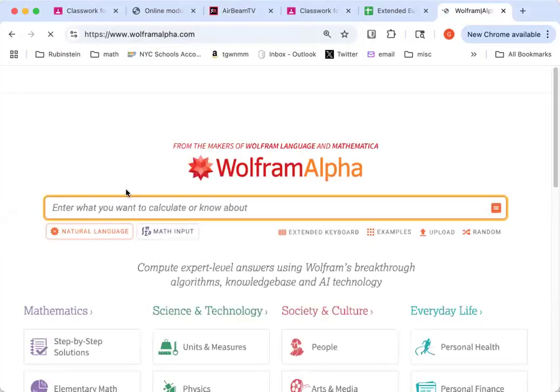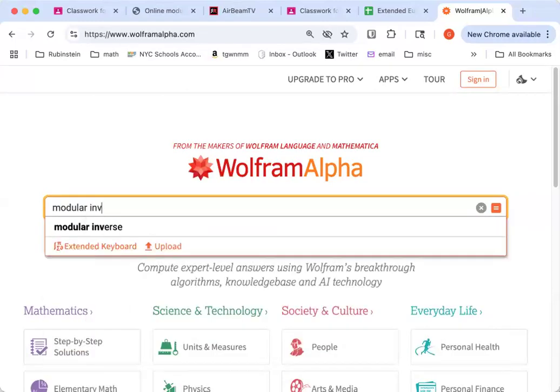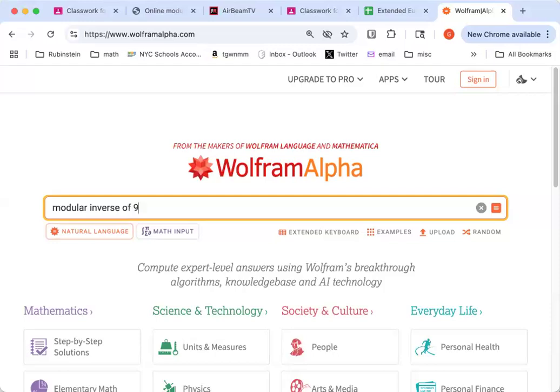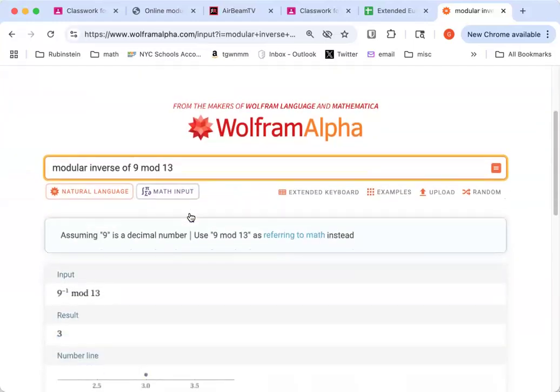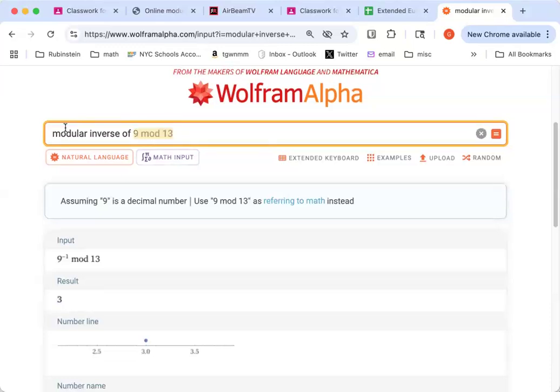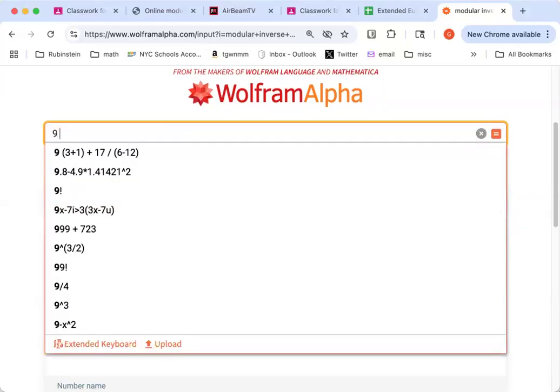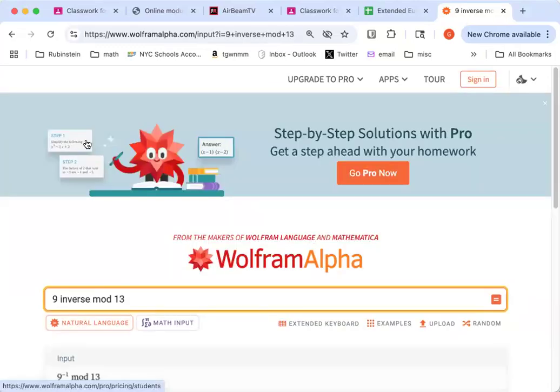I wonder how I write it. Modular inverse of 9 mod 13. Let me see how it wants me to say it. I'm going to say 9 inverse mod 13. I just want to see what I could type to do it.